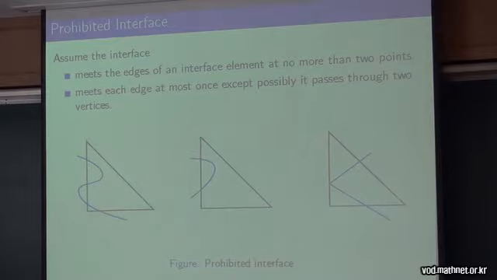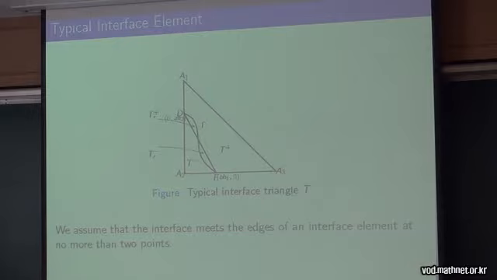There are a few cases we want to avoid. The assumption on the grid is this: we do not want more than two interface points passing through one element, like 1, 2, 3, 4. And for each edge, we do not want two cross points, only one. The interface can cross each edge only once, not twice.